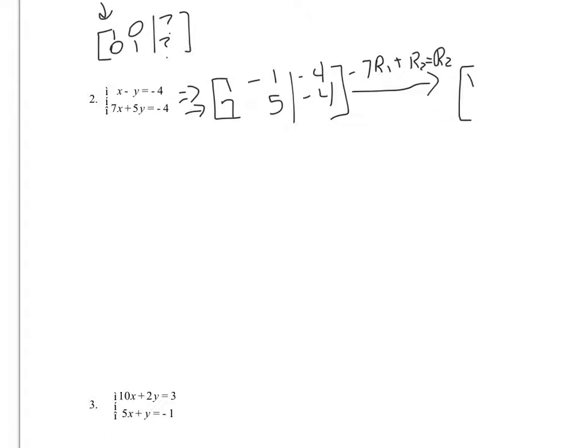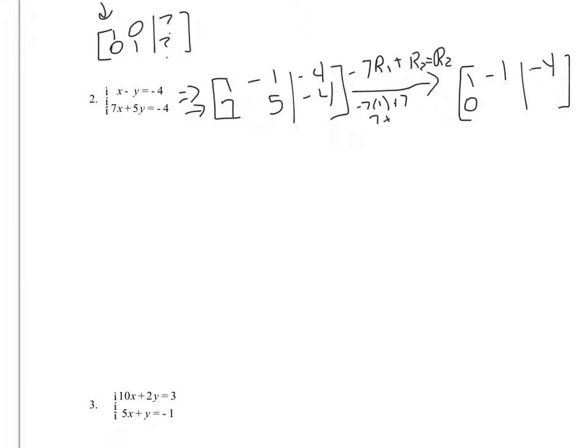So our top row is still 1, -1, -4. But our bottom row will become -7 times 1. That's -7 times row 1 plus row 2. So -7 plus 7 is a 0. Now we've got to move across. -7 times -1 is a +7.